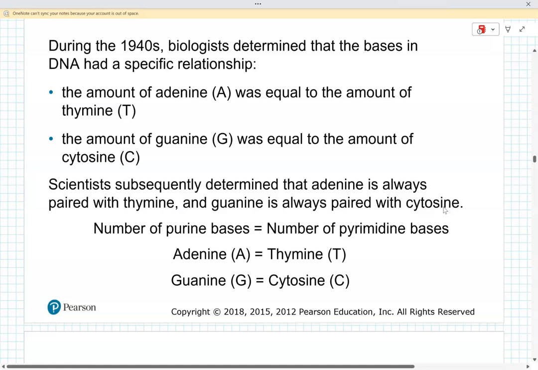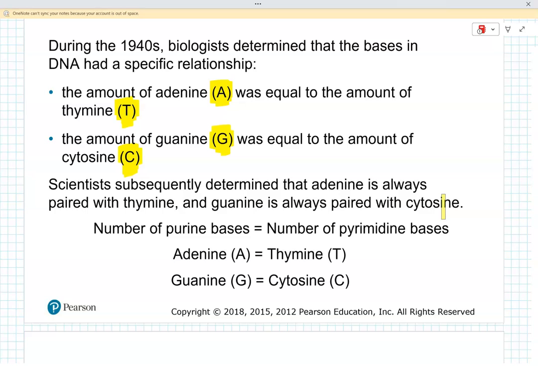And he discovered that if we take a large enough molecule of DNA, the percentage of adenine that he could isolate was equivalent to the percentage of thymine. And the percentage of guanine was equal to the percentage of cytosine. That makes sense to you? It was a uniform rule.